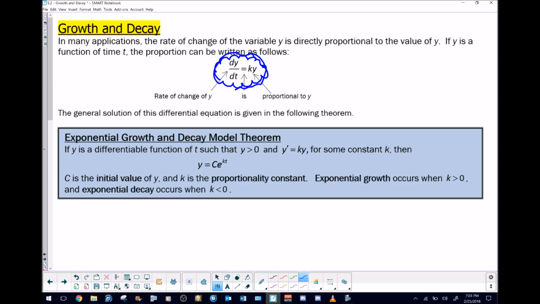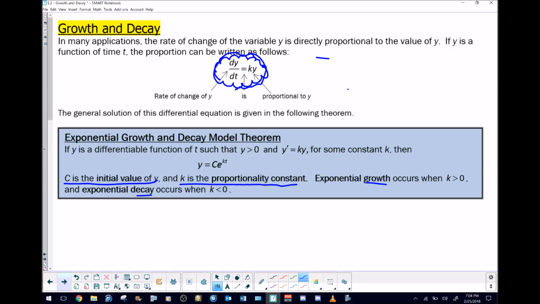C in this case will be the initial value of y, the initial amount of the material. K is just some proportionality constant. K is sometimes hard to grasp, but it's just some value that pertains specifically to the situation at hand. If that K is positive, we experience growth, and if that K is negative, we experience decay.